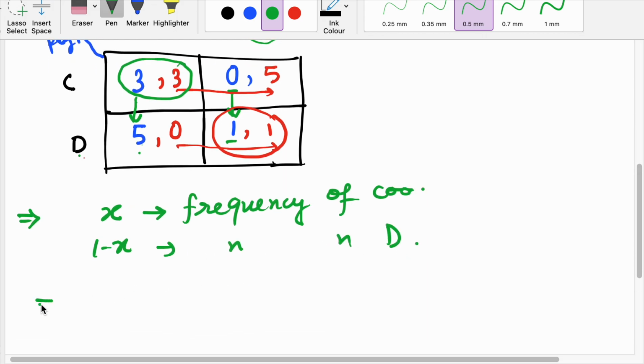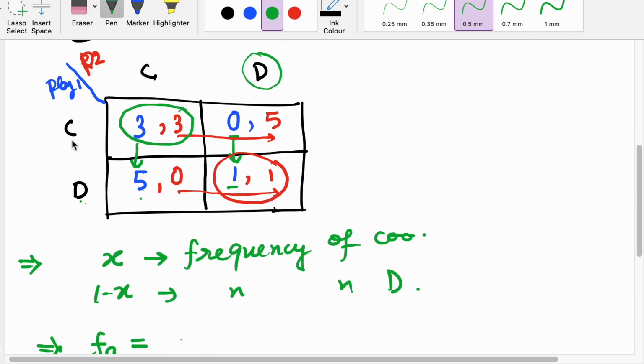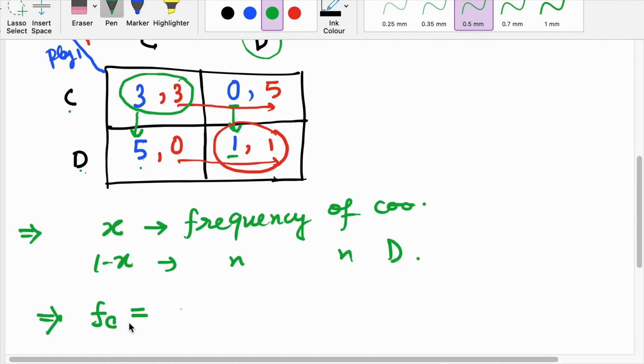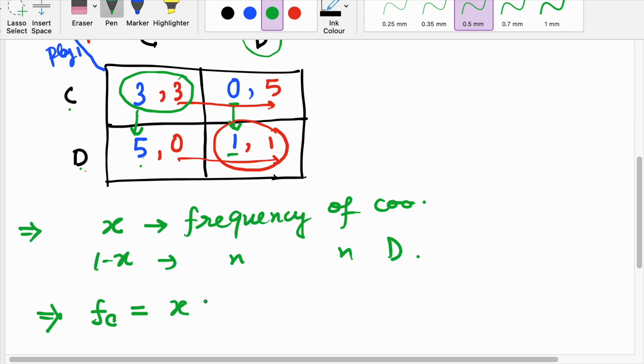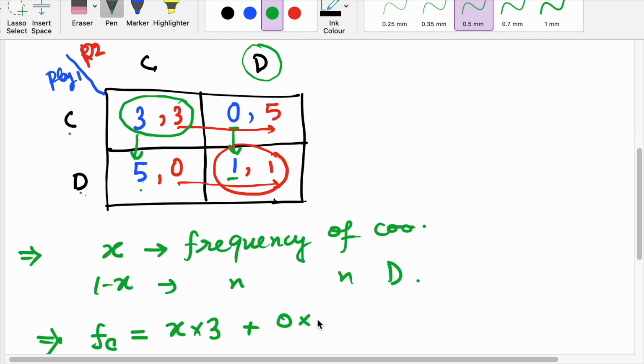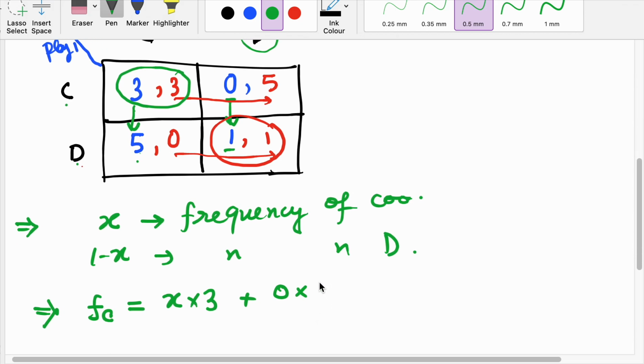Now we have to calculate the average fitness of a cooperator. Since x is the frequency of cooperators, a cooperator with probability x will meet a cooperator and get a payoff of 3, and with probability 1 minus x it will get 0 payoff.